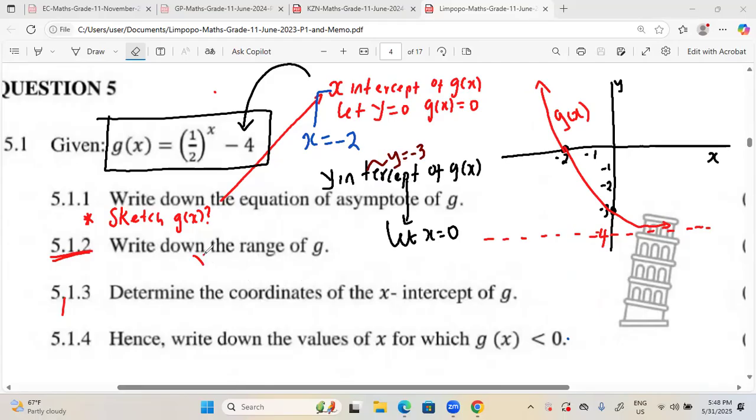You say y can be any real number with the property that y should always be above -4. So this is the range of the exponential function. y is an element of the real numbers with the property that y is always above -4.